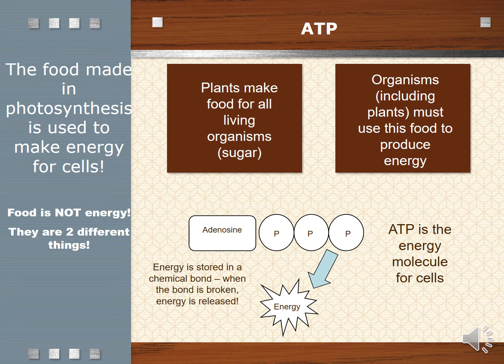Energy is ATP, so organisms, including plants and us, use food, glucose, to produce energy. They produce this compound called adenosine triphosphate. Adenosine triphosphate has one adenosine group and 3 phosphates, the P's that you're seeing in this image. Adenosine triphosphate is the energy molecule. It stores the energy in the chemical bonds, and when the chemical bonds are broken, energy is released with a snapping-like motion.